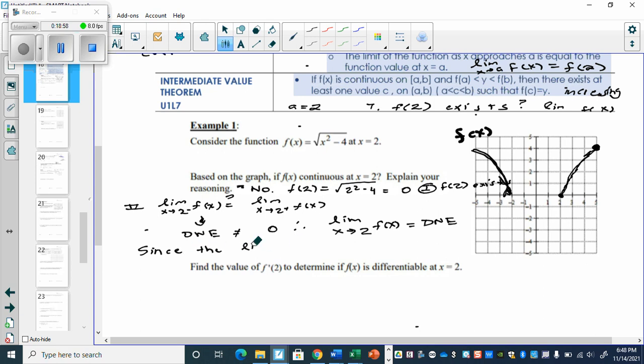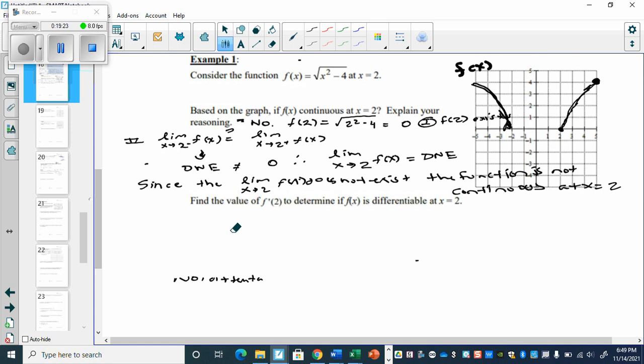Since the limit does not exist, the function is not continuous at x equals 2. Okay? It says find the value of f prime of 2 to determine if f of x is differentiable at x equals 2. So it's not differentiable because this limit doesn't exist.